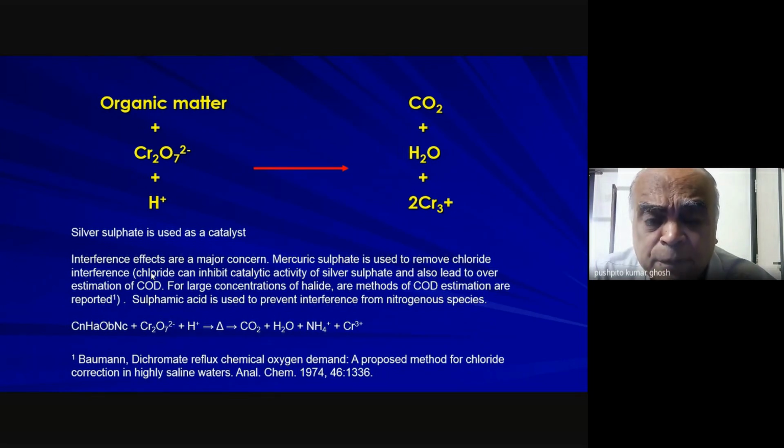Or it can also happen that because chloride can get oxidized to chlorine by the dichromate, you might overestimate the COD, and it may be only because of the presence of halides. So a huge amount of experience is required in doing this.